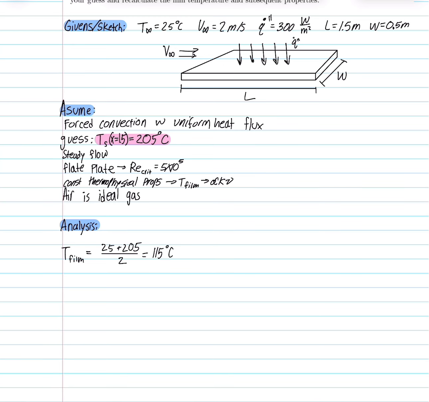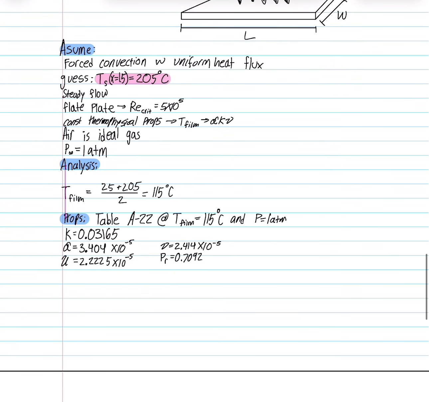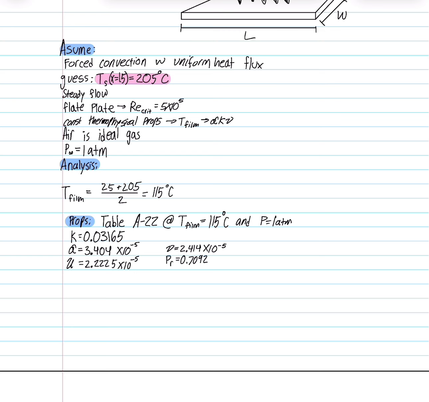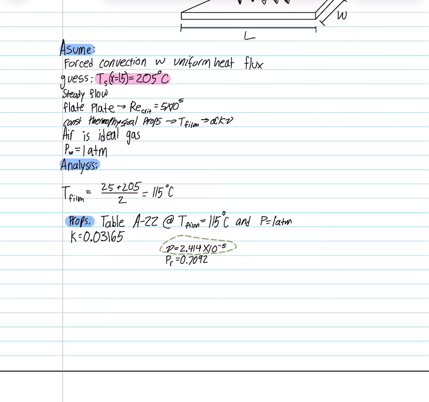So we first find T-film with the ambient temperature of 25 and our guess, and we need to assume that the ambient pressure is 1 atm, because otherwise we can't use table A22. And we only need thermal conductivity, Pr, and V for these types of problems.